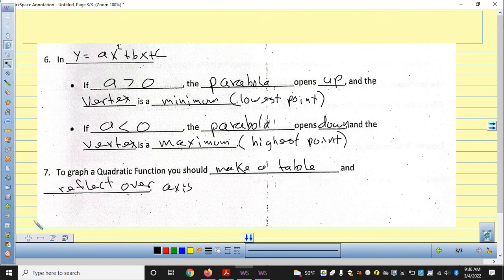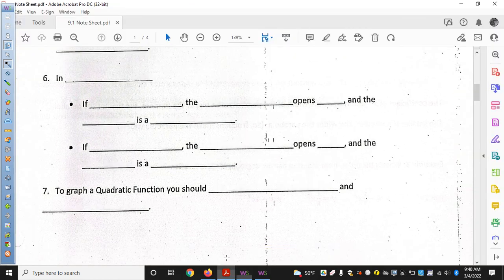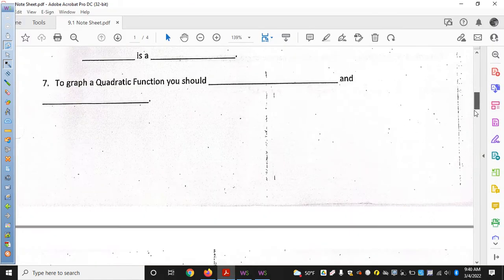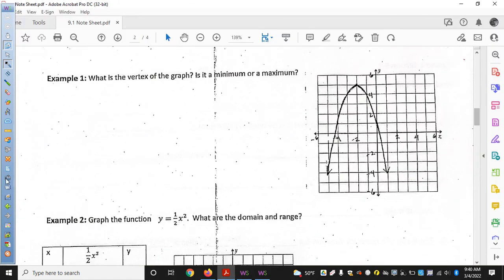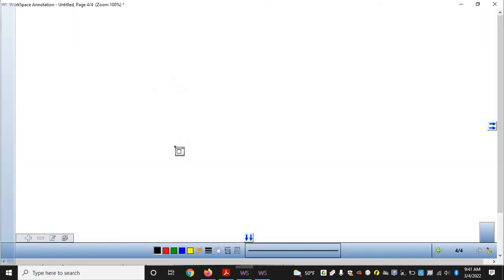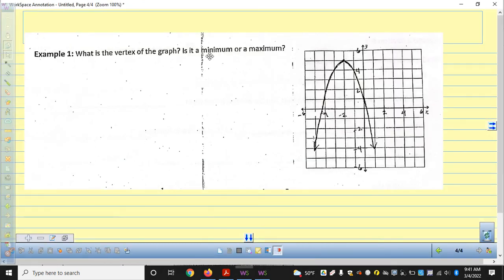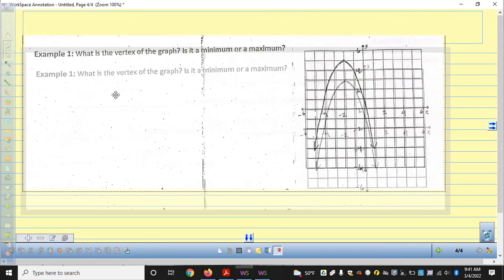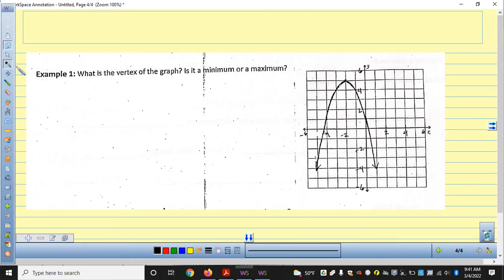All right, so let's look at that example on the next page. It asks us, what is the vertex of this graph? So everybody think about that for a second. Come up with an answer. What is the vertex of this parabola?